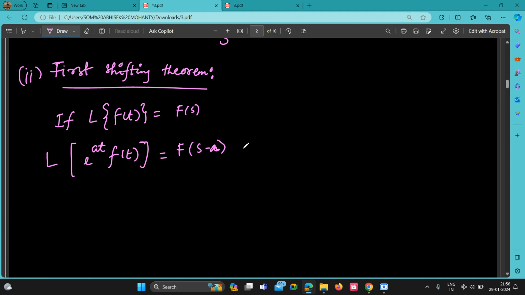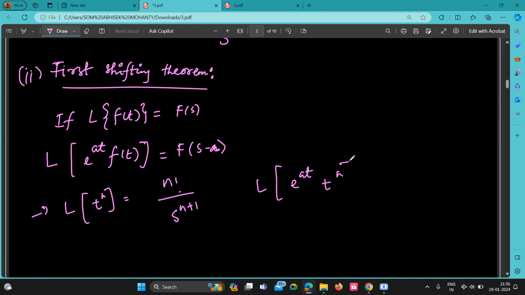So we know L of t to the power n is how much? n factorial over s to the power n plus 1. So if it is e to the power at t to the power n, then it will be F(s minus a). The n factorial will be there, but in place of s, that will be s minus a, to the power n plus 1.